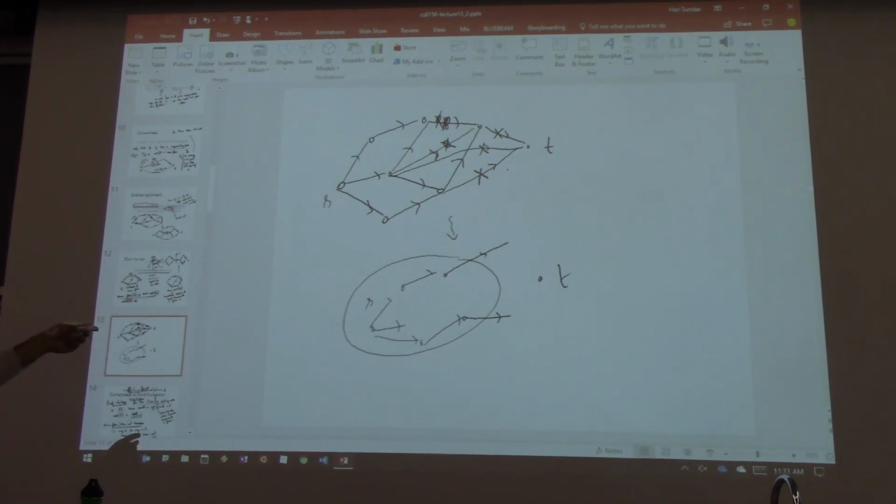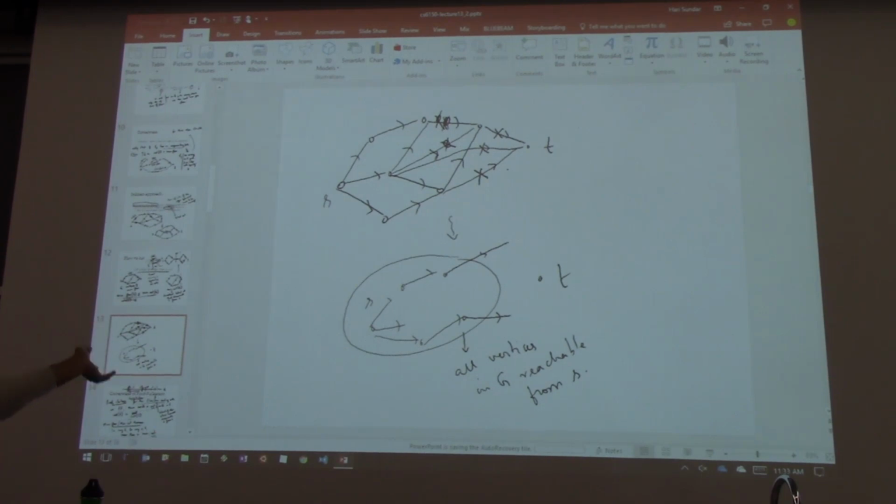This circle is all vertices reachable in G from S. So if this edge was not cut, then this vertex should have been included in this set, because that would be reachable from S. That's why all the edges going out of this set are actually cut.